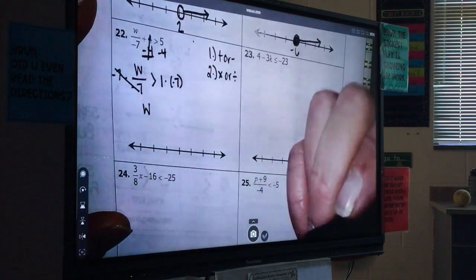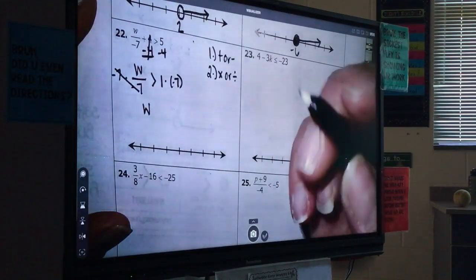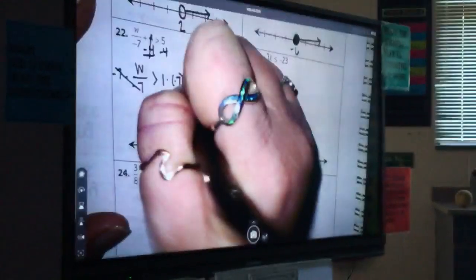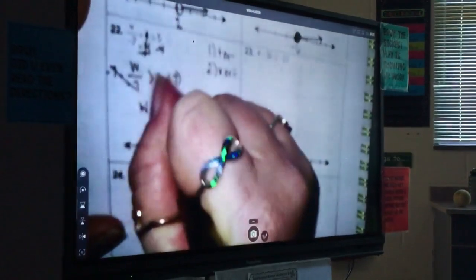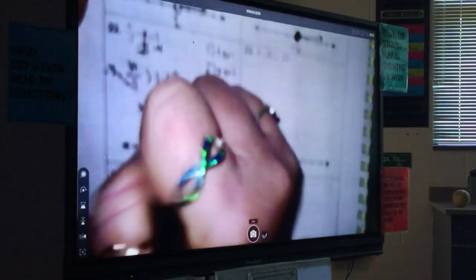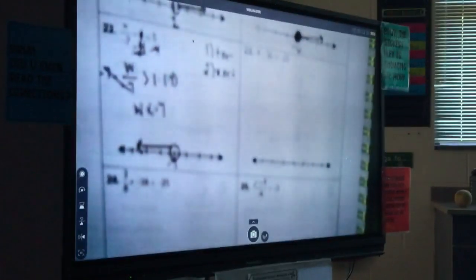And 1 times -7 gives me a -7. All right, open or close circle? And to the left or to the right? Because you got to flip your inequality.